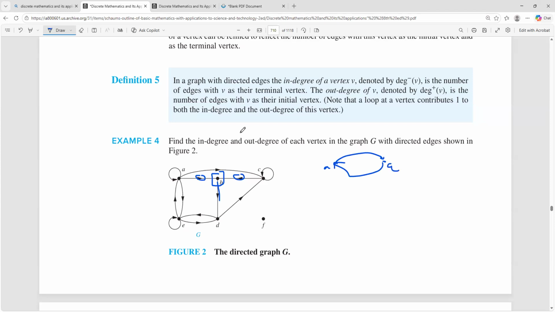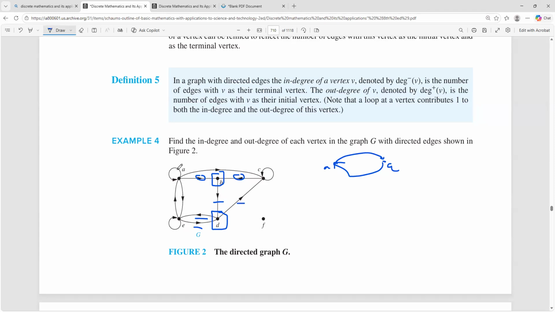Okay, so using that terminology, what would be the in degree of D? 2. Right? We got 1, we got 2. What would be the out degree of D? 2. You got 1, you got 2.